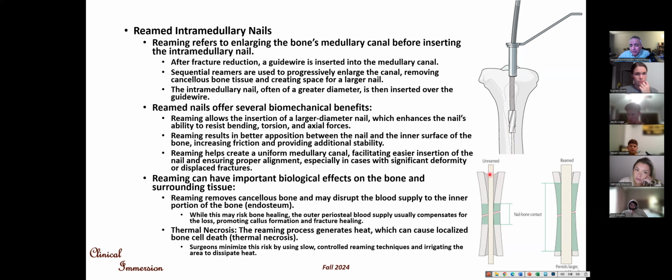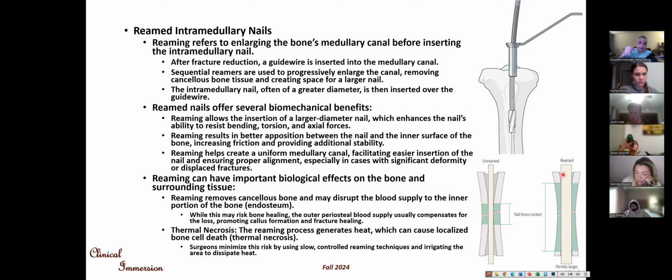If we don't ream, the narrowest part of the canal determines the diameter of the nail. But when we ream it and we remove some part of the inside of the medullary canal and maybe some part of the cortical bone, it creates a larger diameter.